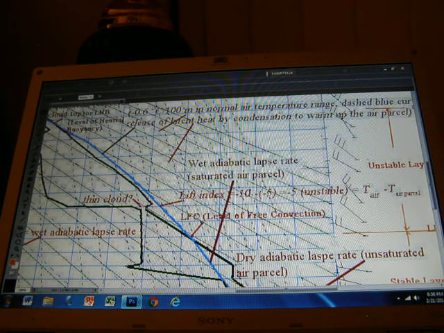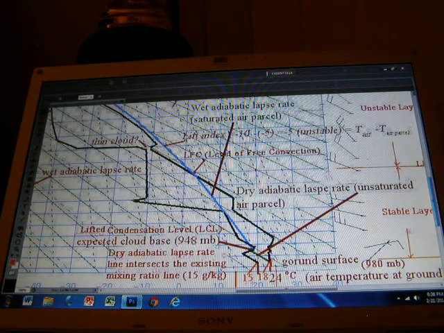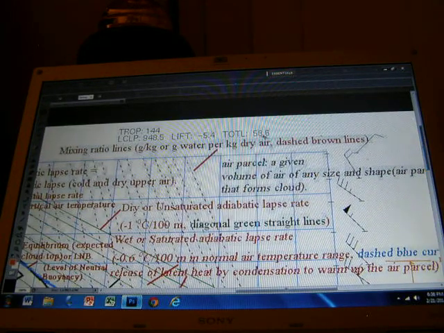So we look at 500 millibar; the air parcel's temperature is here, which is close to -5. The air temperature here is close to -10. The air parcel is somewhere between, about halfway, so it's -5. So -10 minus -5 equals -5. Okay, so we got a -5 lifted index.